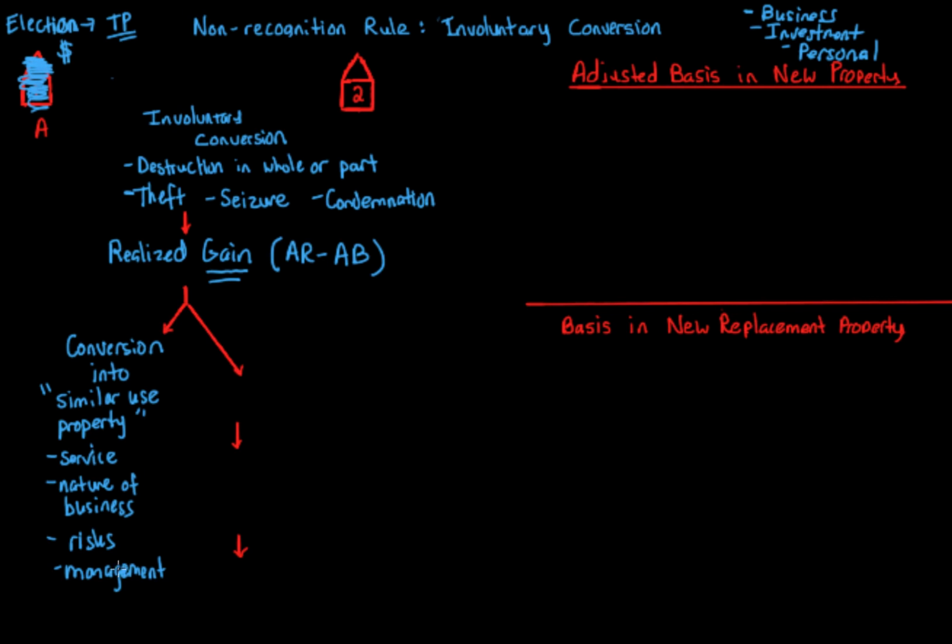So these are all factors. Depending on what type of activity it is, obviously some are going to be more important than others to look at, but that's what we look at. So just think of similar use property very, very much the same.